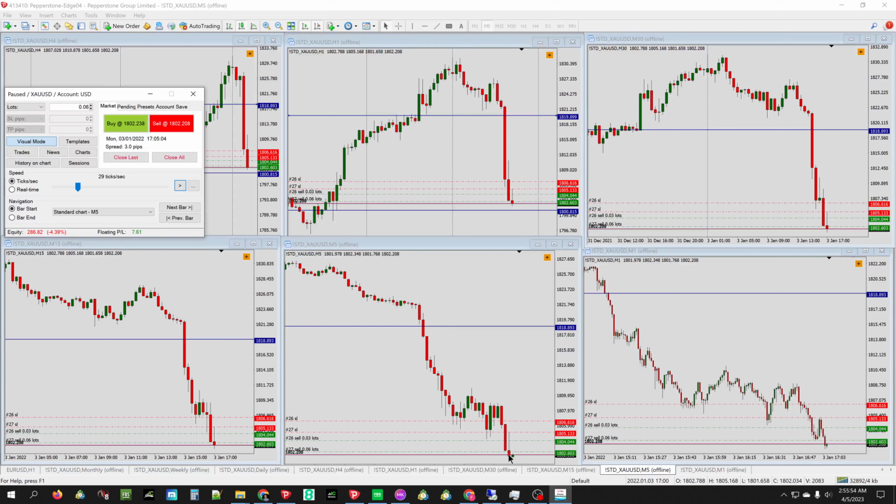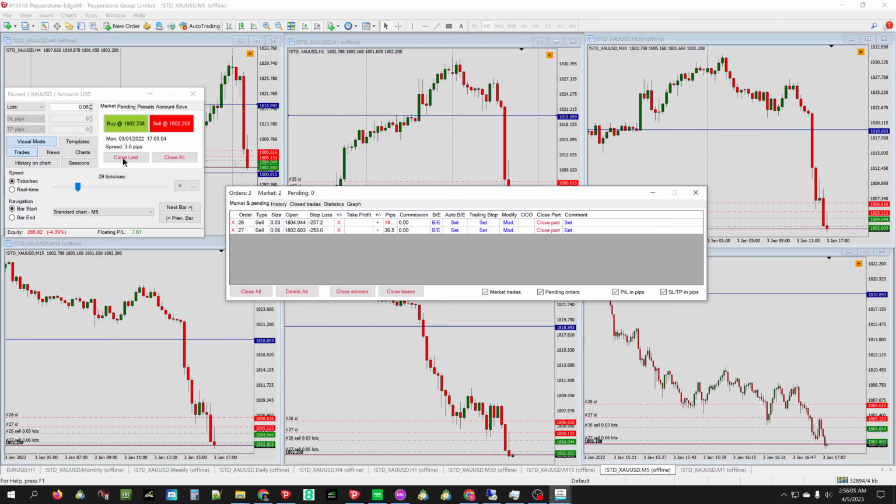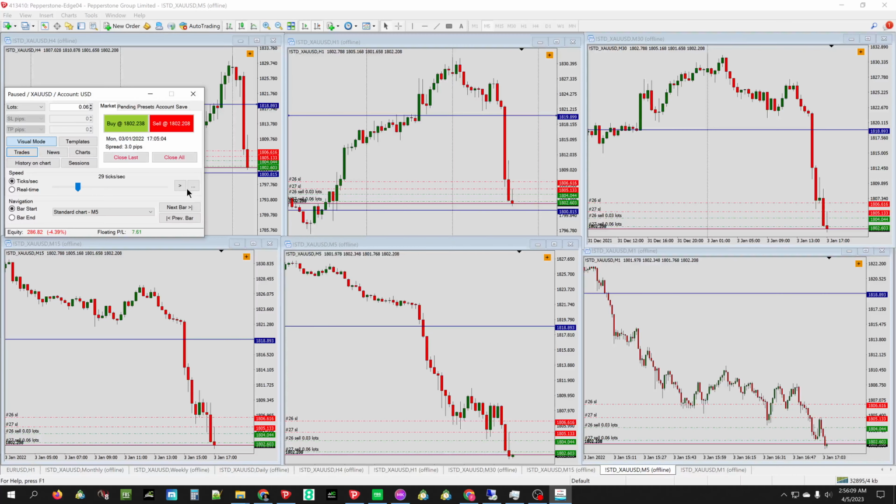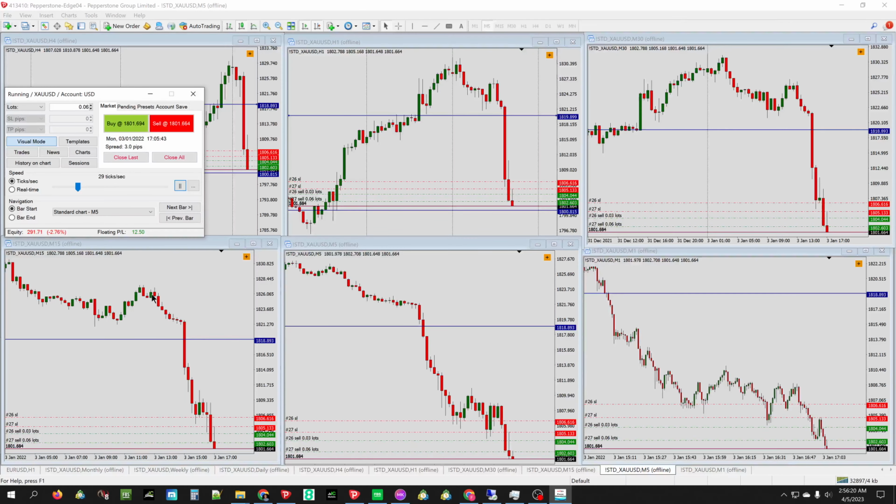Alright, M5 candle has closed bearish, but there is a lot of struggle that I can see in the M1 time frame, and we are up around 7 pips. I want to lower my risk on the B grade setup because I don't like the price action in M1, but we will stick to our plan.